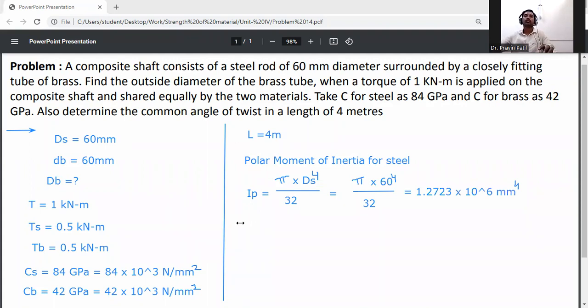Now calculate the polar moment of inertia for brass.